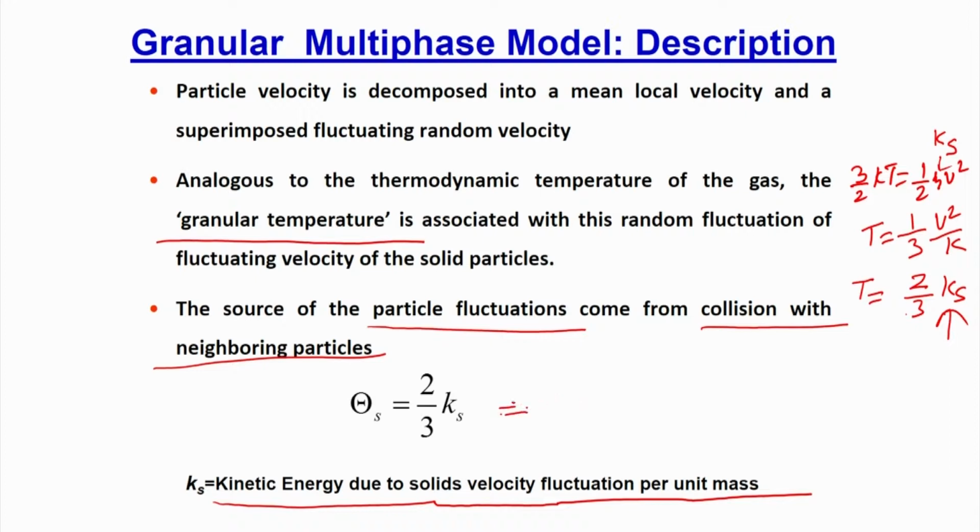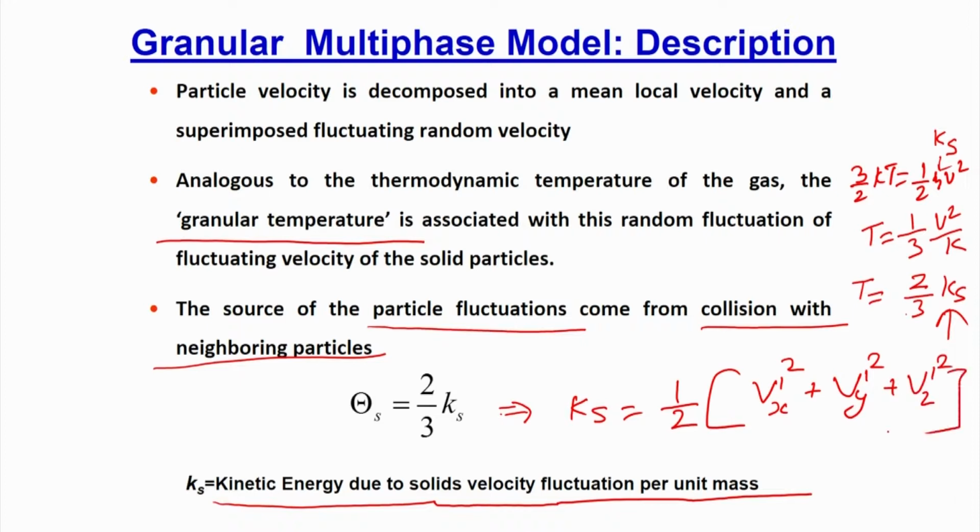The Ks will be half, V x prime square plus V y prime square plus V z prime square. Suppose you have a 3 dimensional velocity, V x prime is the fluctuating velocity in the x direction.